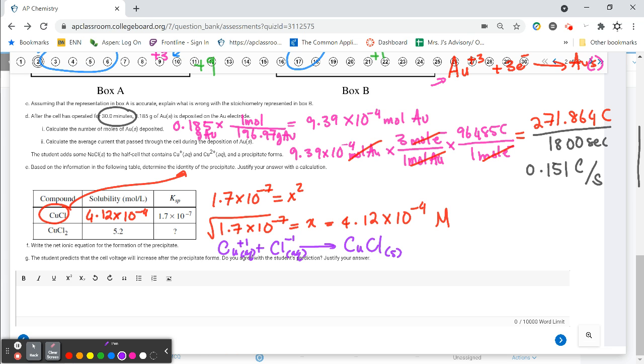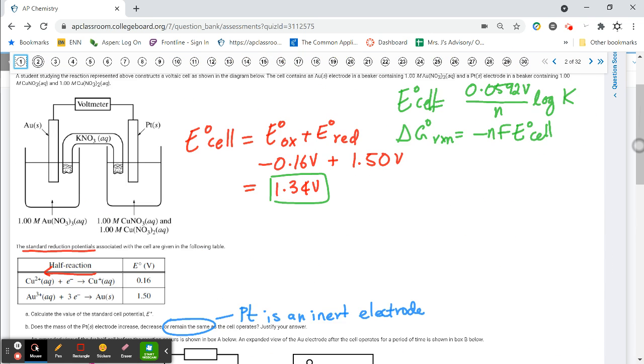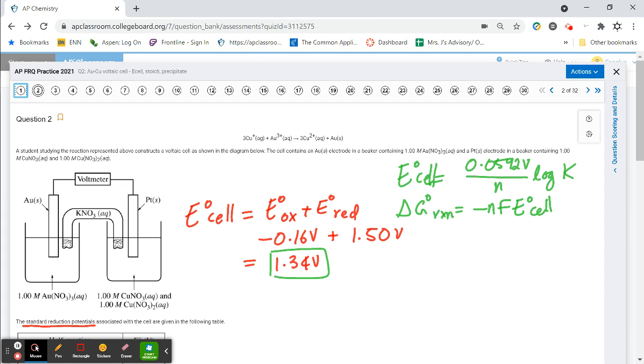Okay, now the next question is a good question to explain things and remind you of things. The student predicts that the cell voltage will increase after the precipitate forms. Do you agree with the student's prediction? Justify your answer. So, let's look at our voltaic cell. This is why I reminded you of the two equations regarding E cell, what you can do with E cell.